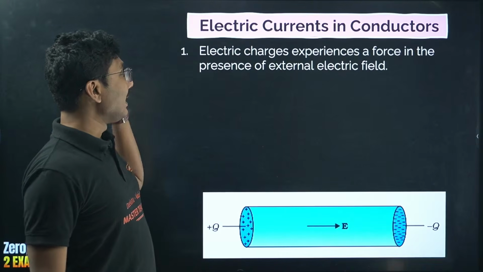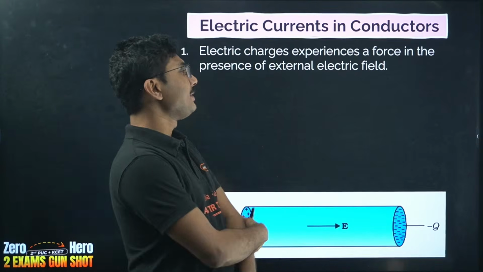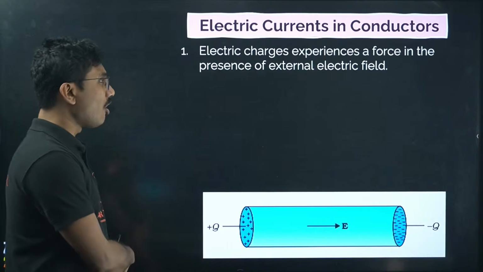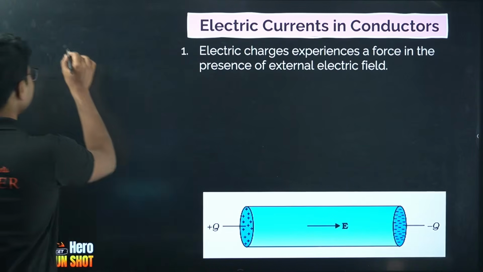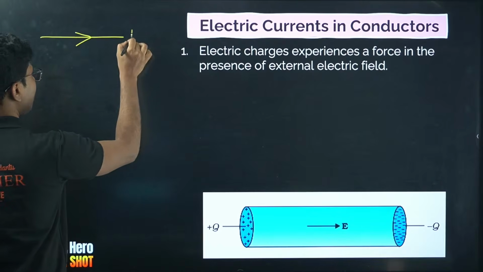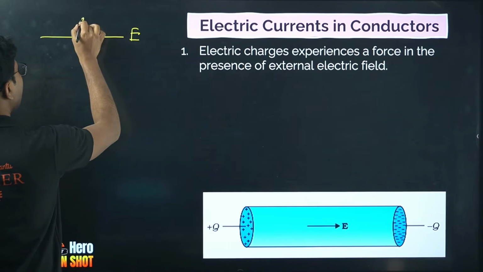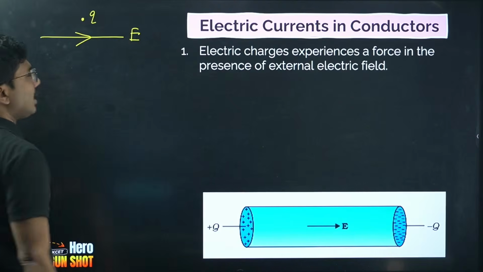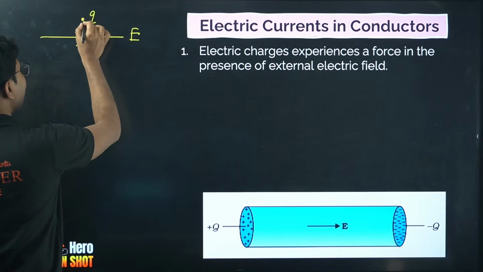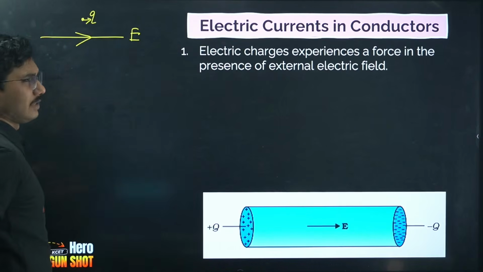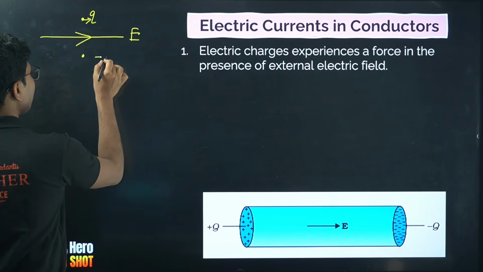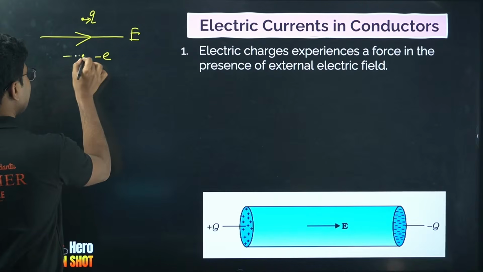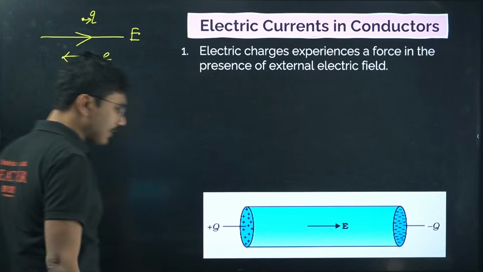Electric charges experience a force in the presence of an external electric field. Suppose we have an external electric field and a positive charge; this charge will experience a force in the direction of the electric field. If the charge is negative, say an electron, it will experience a force in the opposite direction of the electric field.